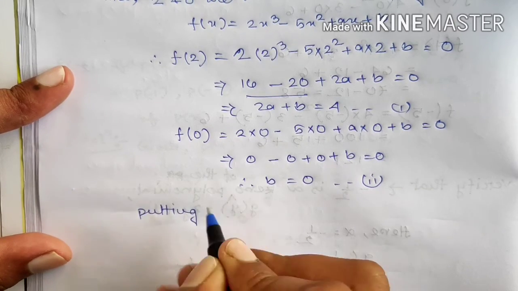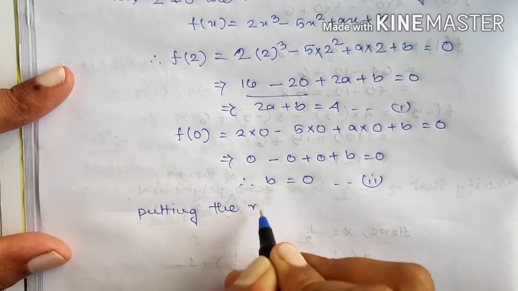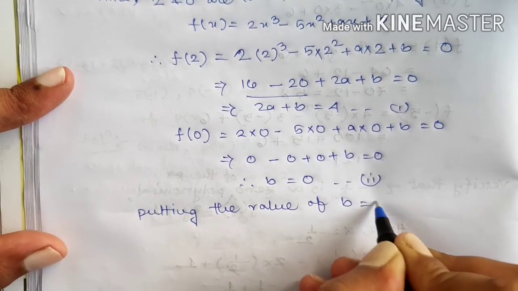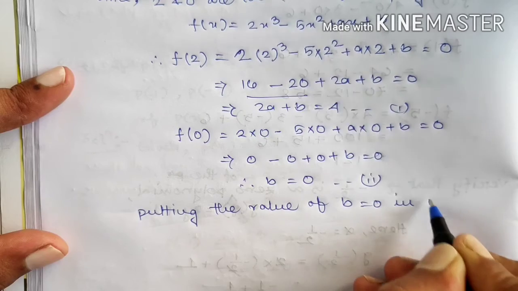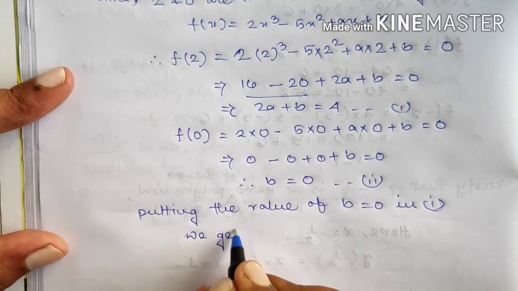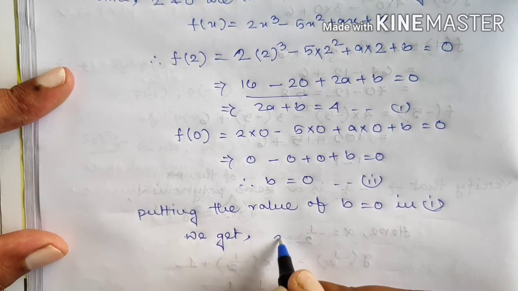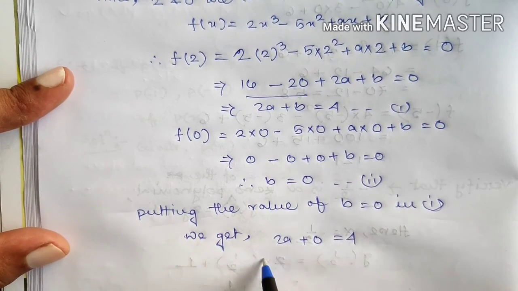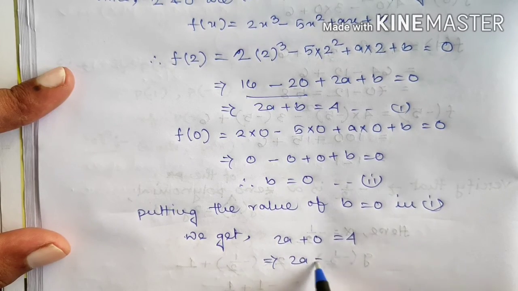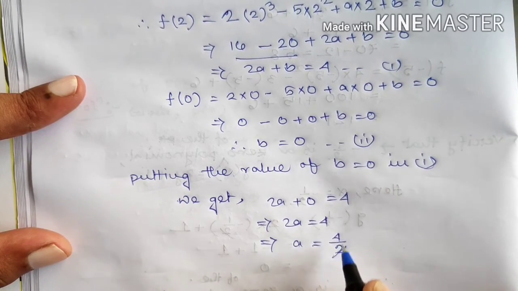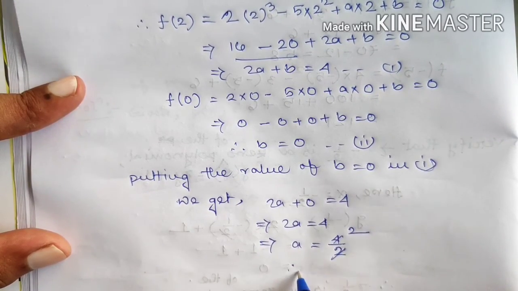Now putting the value of b equal to 0 in equation 1, we get 2a plus 0 equal to 4, which implies 2a equal to 4, implies a equal to 4 by 2, therefore a equal to 2.